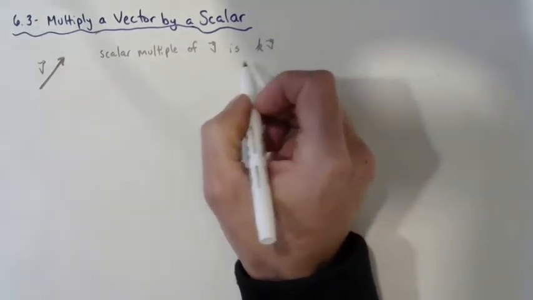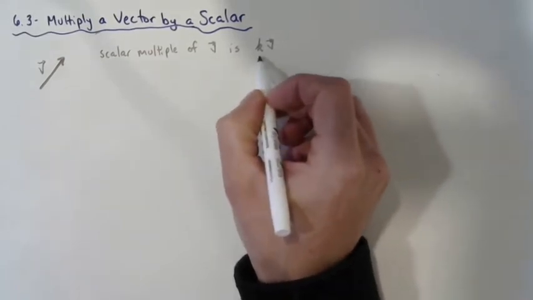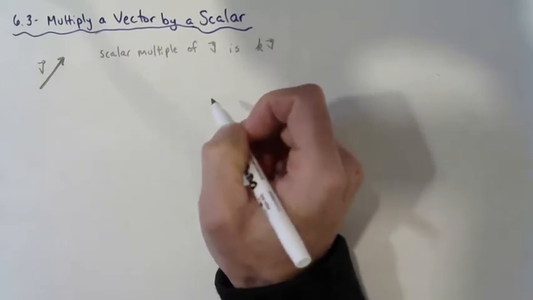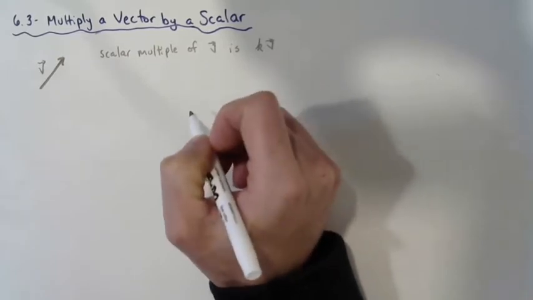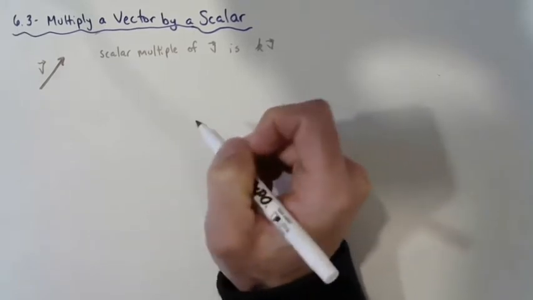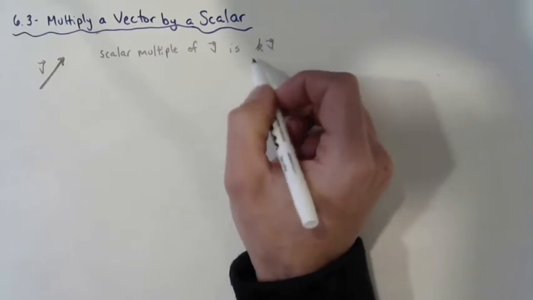Now in this case, you've taken vector v and you've multiplied it by k. So it's a multiple of v, just like 15 and 20 are multiples of 5. You take 5, you multiply it by 3, you get 15. You take it and multiply it by 4, you get 20. If you take v and you multiply it by k, you get k times v.